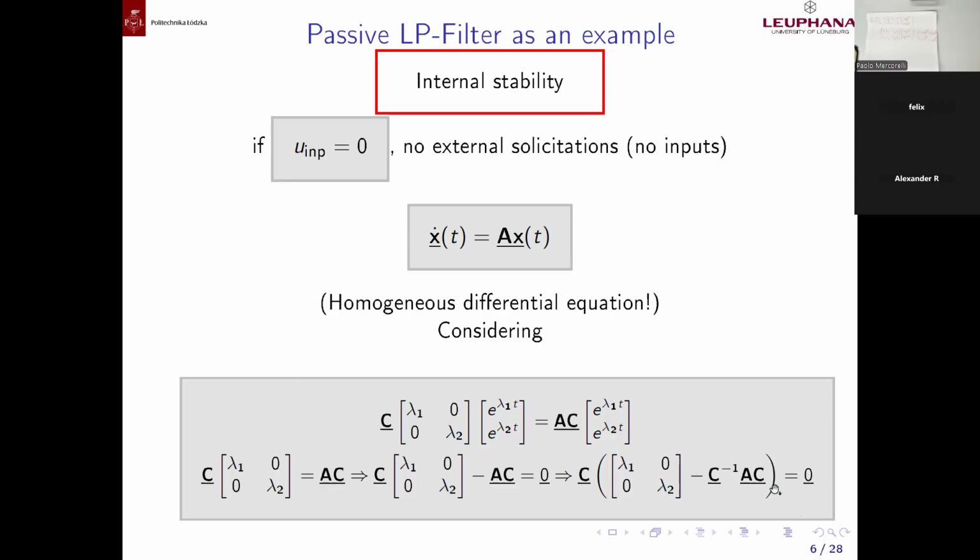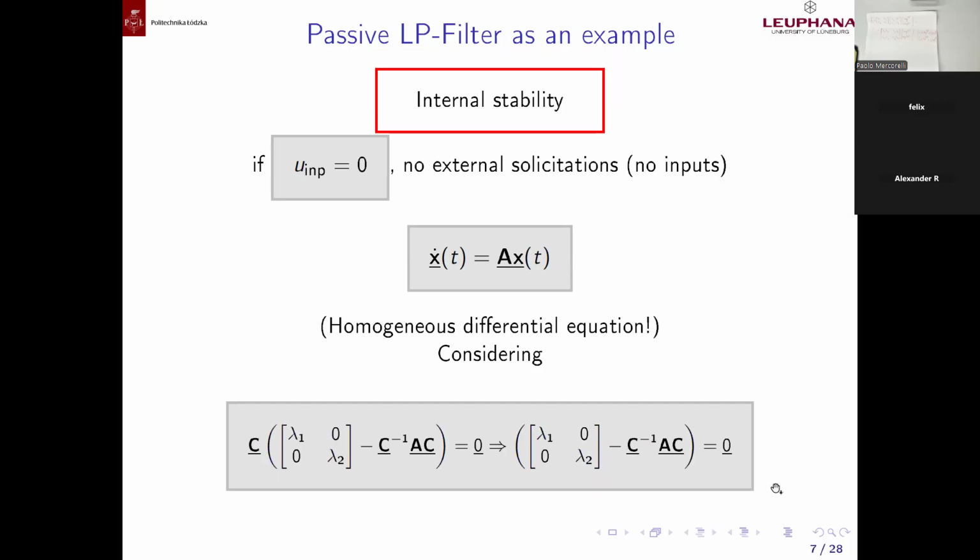Look, we have this expression here. Now, from this expression here, which I put again here at the end of this slide, if C is invertible, I can, in this case, multiply by C up to -1 this expression here, and I will obtain this.